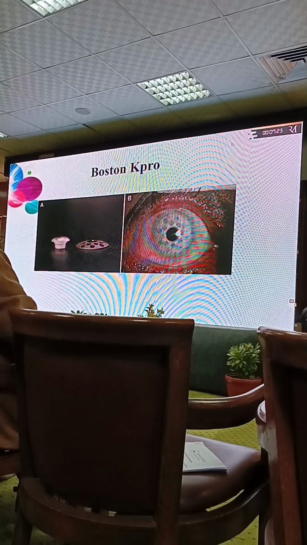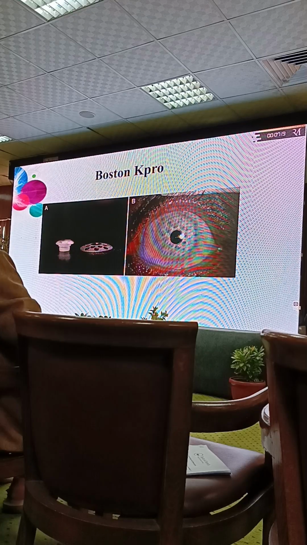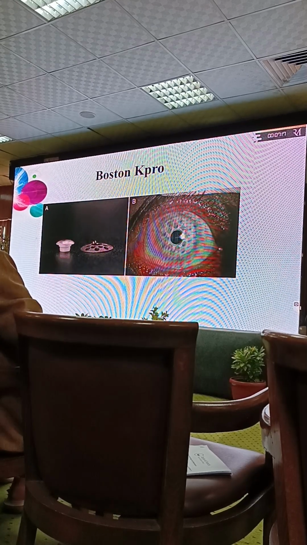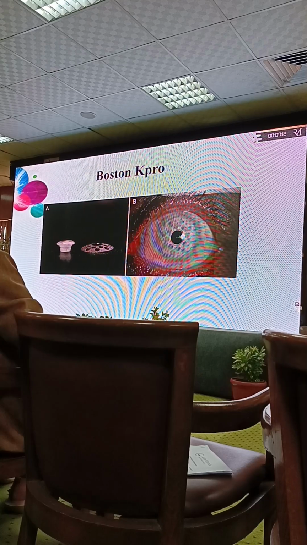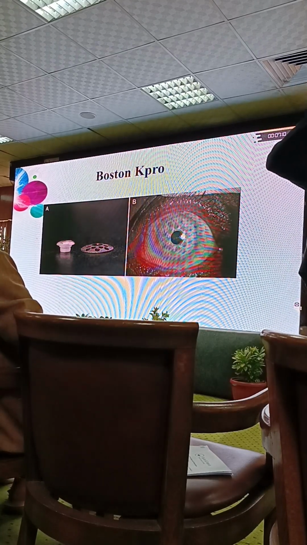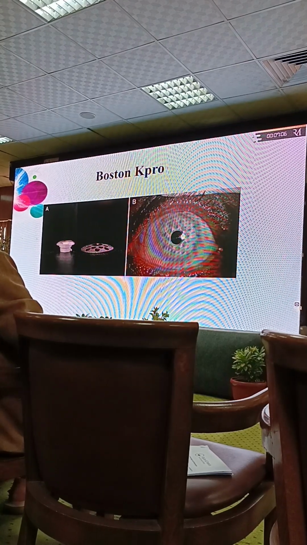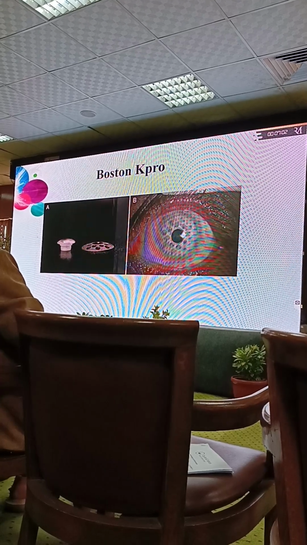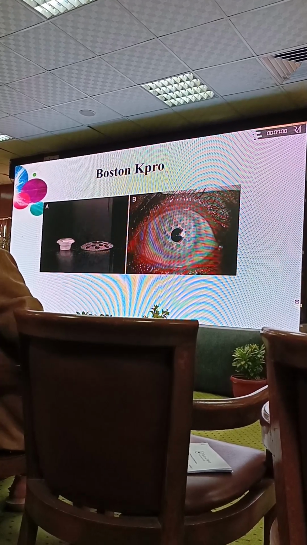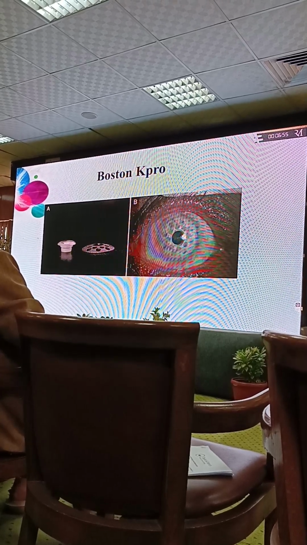So this is the Boston keratoprosthesis. You have the front foot plate, which is made of PMMA and is usually clear, and the back foot plate, which is made of titanium, and between both plates there is a corneal graft. So the corneal graft is sandwiched between the two plates, and you suture the corneal graft to the cornea of the patient.